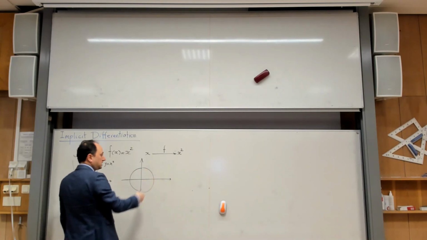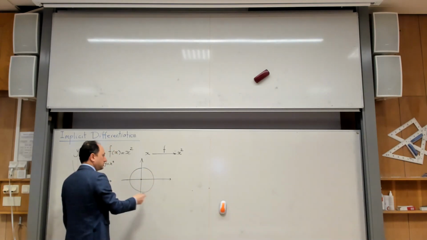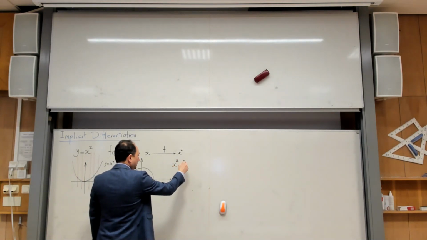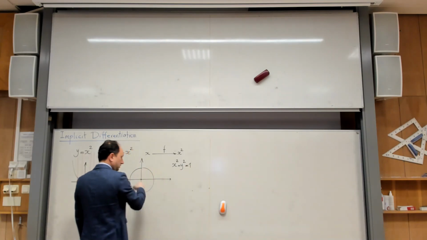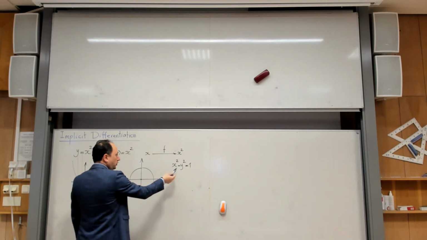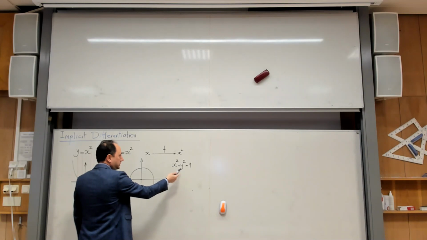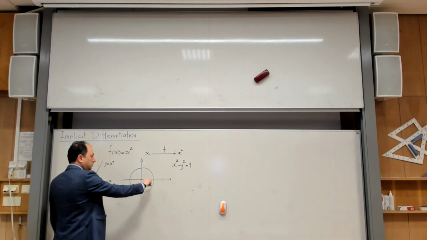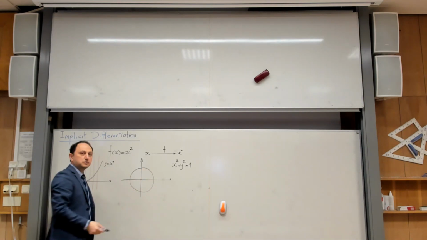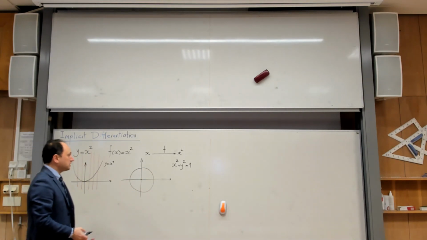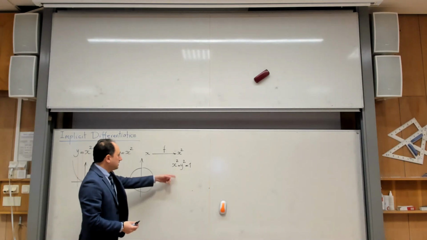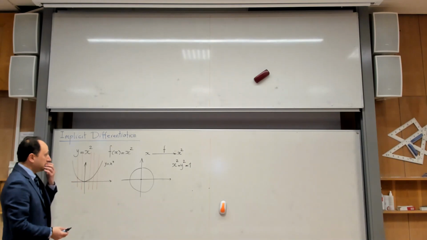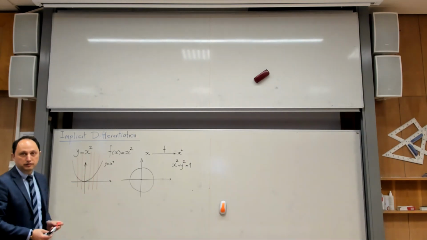Let me take the radius to be 1 and the center to be the origin. Hopefully you remember this is the equation for this circle. So if you look at the points whose x and y coordinates satisfy this equation, then they are sitting on the circle centered at the origin with radius 1. Yes? But this relation, whatever this is, does not define y as a function of x.